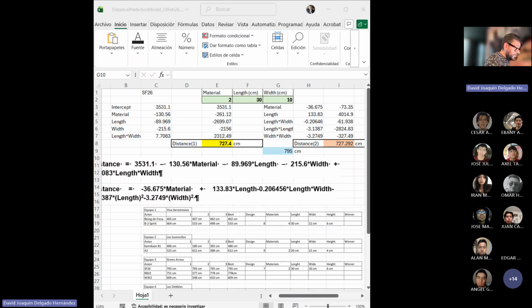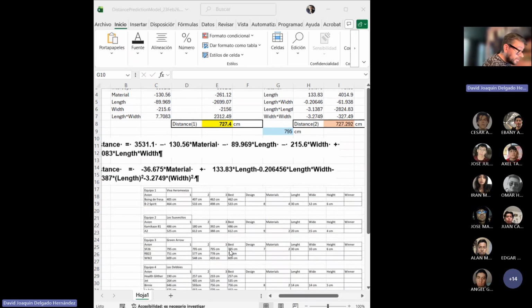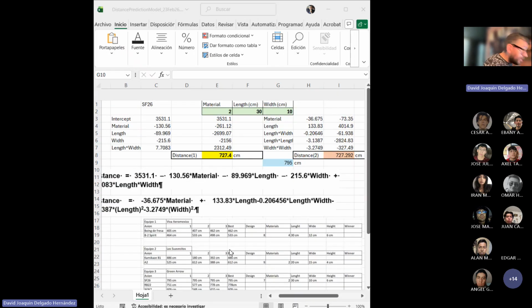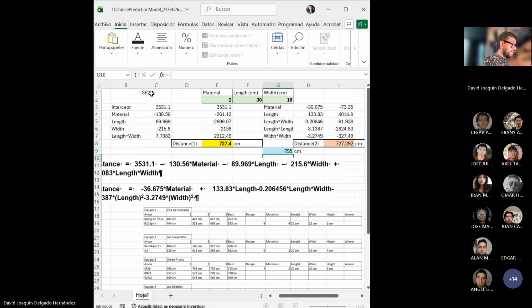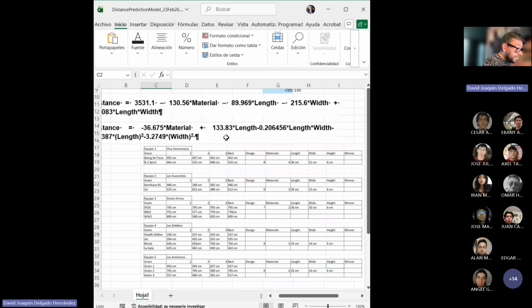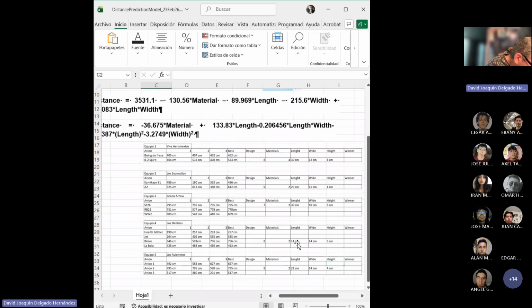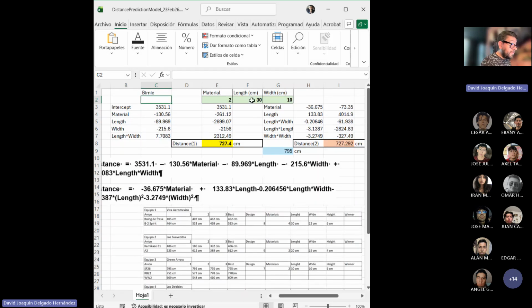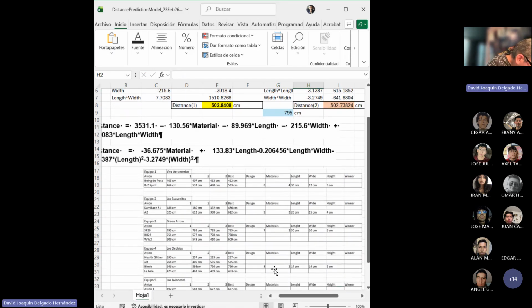Let's go for the fourth airplane. So the fourth airplane is the one called Birdie. And what is the input data? It's material 2, 14, 14. Okay. And what was the actual measurement? It was 593.